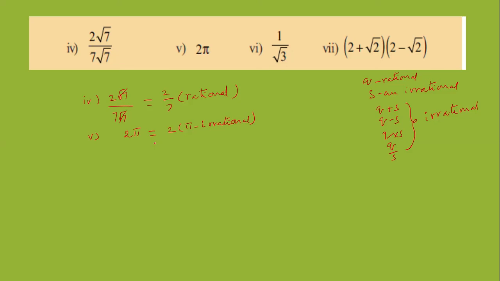That means you multiply the irrational number by 2. Again what you get? Again you get an irrational. Here 2 is a rational, pi is an irrational, like this. Q into S gives us irrational.